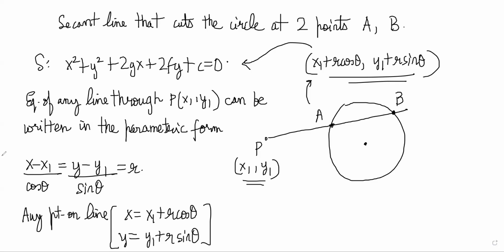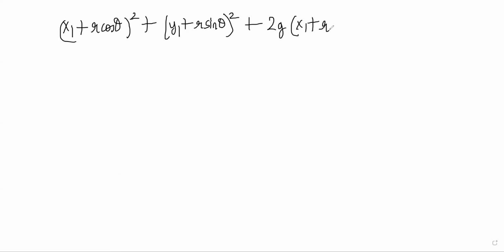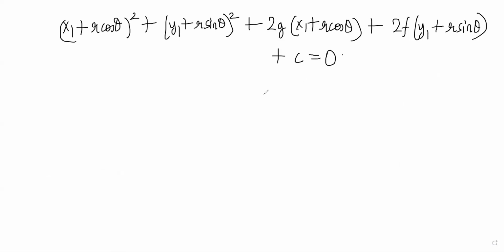So how do I do that? I will say (x1 + r cos θ)² + (y1 + r sin θ)² + 2g(x1 + r cos θ) + 2f(y1 + r sin θ) + c = 0.